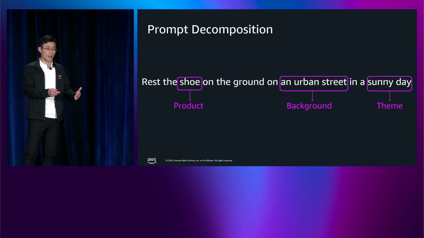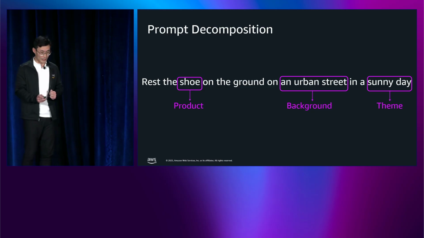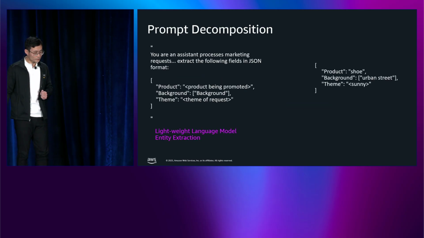You can have multiple products, you want to put them together, you have different backgrounds, etc., and theme, but usually it takes a lot of time for pretty expert level prompters to say, okay, how can I prompt the model to generate the best image I want? Most people will just tend to say, let's get this down, right?